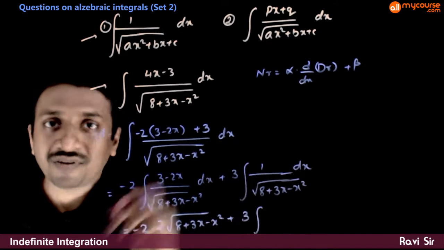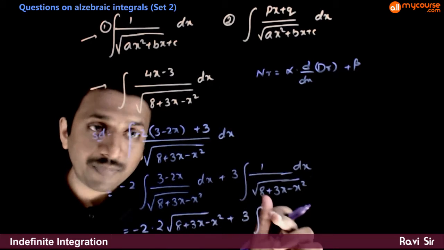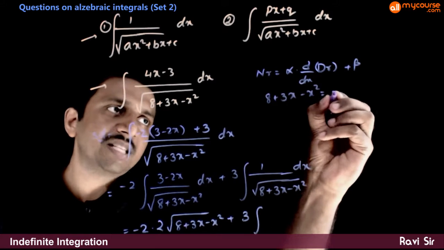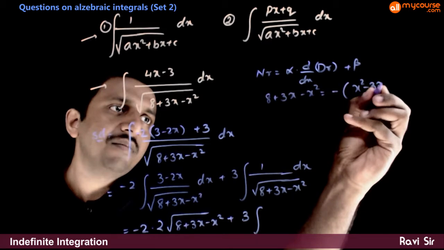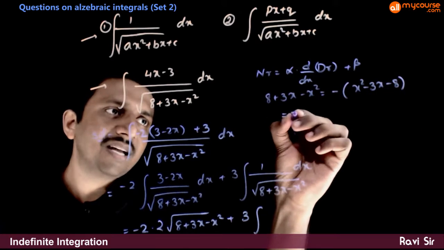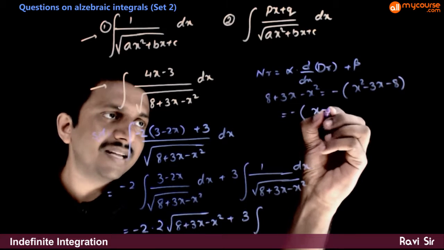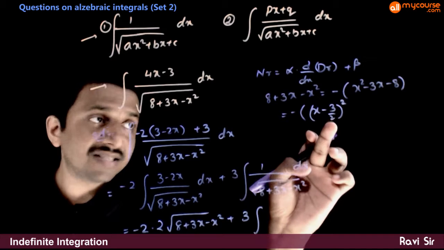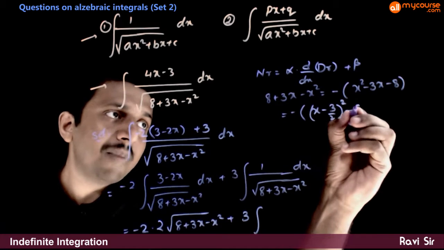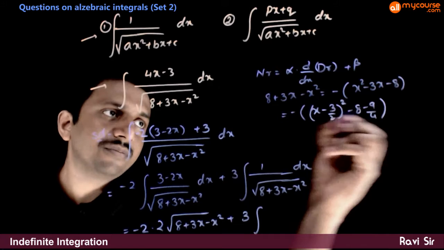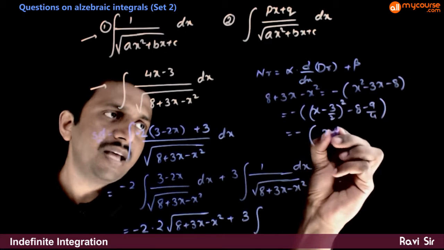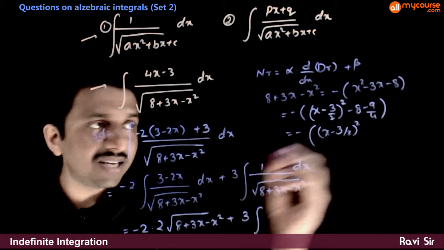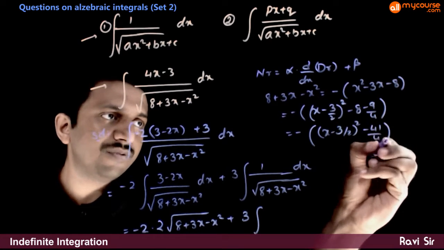So use the method of completion of squares here. Let me do it separately. 8 plus 3x minus x square can be written as minus of (x square minus 3x minus 8), that is equal to minus of [(x minus 3 by 2) whole square, x square minus 3x plus 9 by 4, minus 8 minus 9 by 4], that is equal to minus of [(x minus 3 by 2) whole square minus (32 plus 9) by 4, which is 41 by 4].